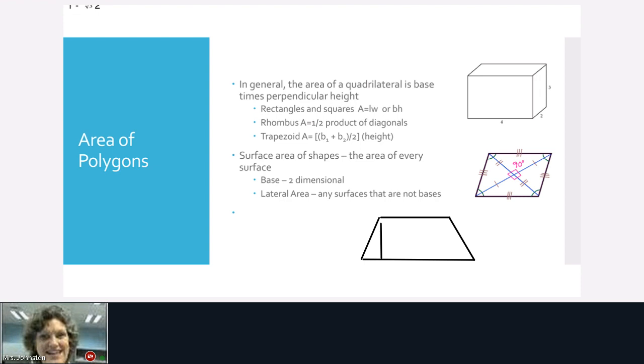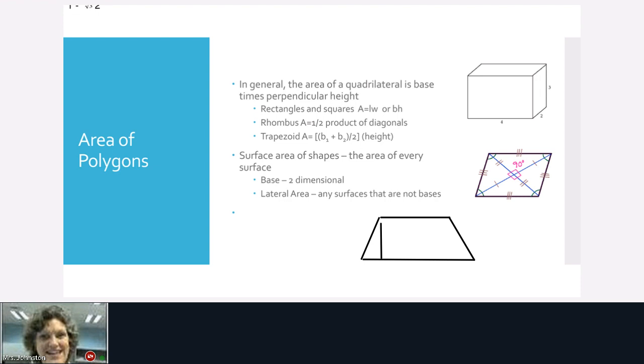And then you would add the lengths of these 2 bases together and divide by 2. That's just another way of taking the average. So if you think about it, it makes sense, because if this were a square or something, you could take one side off and sort of piece it together. You're basically looking for the average width times the actual height.